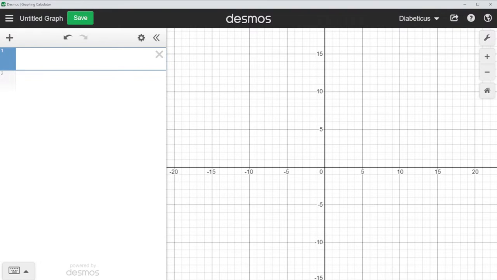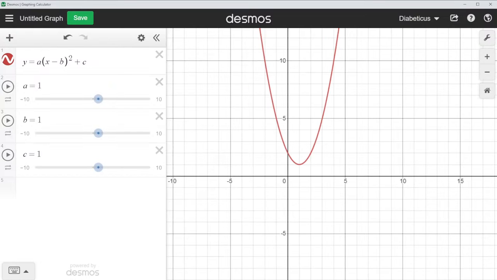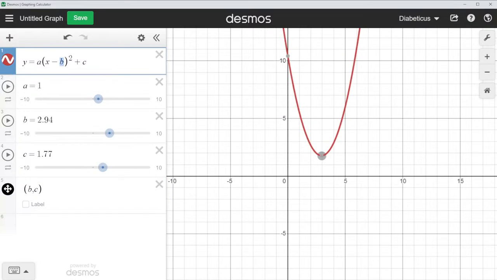Okay, we're all set. Let me just draw a simple parabola. Let me do the first thing my mind tells me when I say parabola. So a times (x minus b) squared plus c, the usual. If I plot the point (b, c), I can move this around because b is the horizontal, c is the vertical.